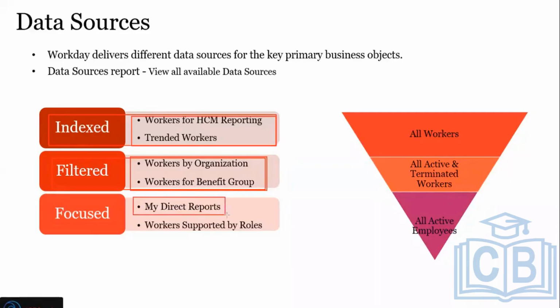For example, on the worker business object, there is a data source called My Direct Reports. This data source is used for creating reports for, let's say, managers. You want to build a report for your managers in your system. And this would allow managers to basically see their team details. Let's say their name, their joining date, and maybe if they are on leave.